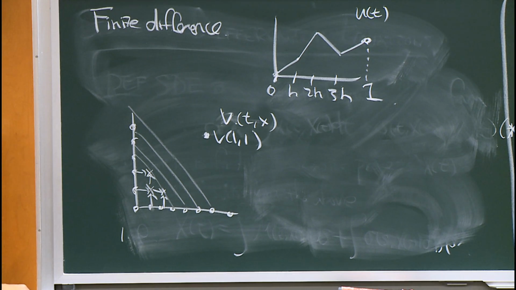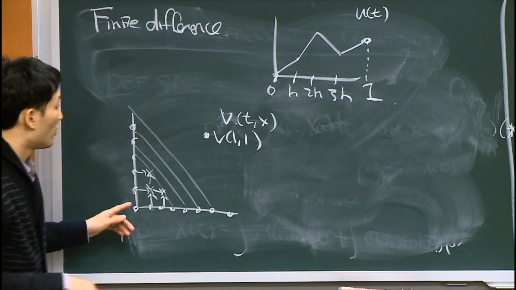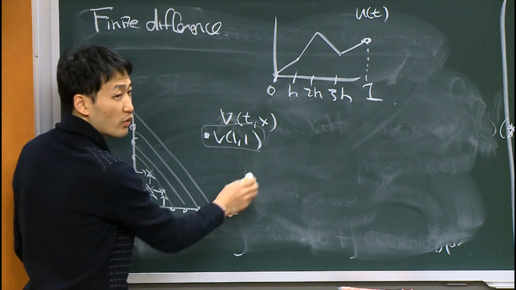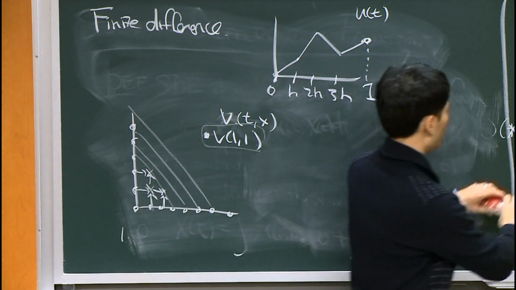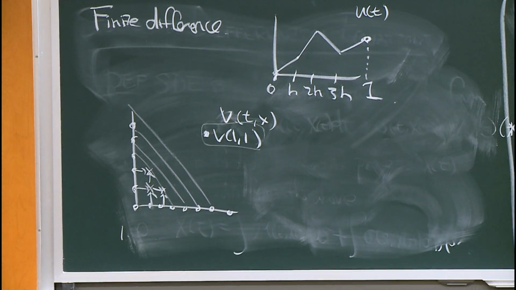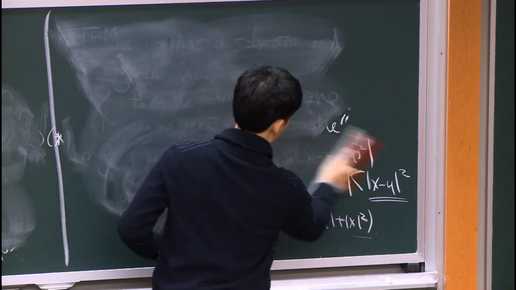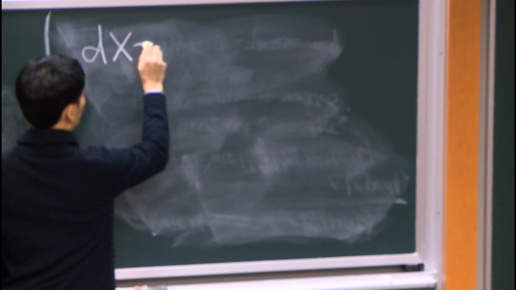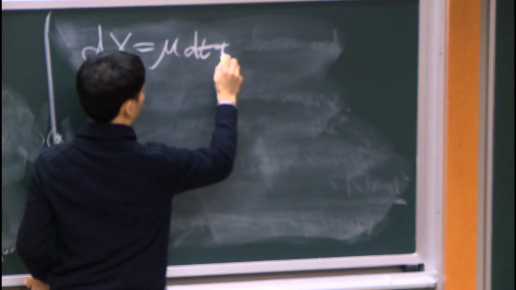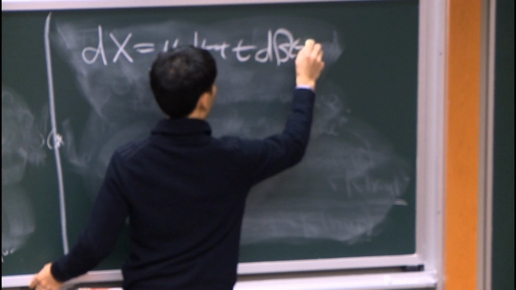Why does it not work for stochastic differential equations? Kind of works, but the only problem is we don't know which value we're interested in. Okay? So let me phrase it a little bit differently. You're given a differential equation of the form dx equals mu dt plus sigma dB of t.